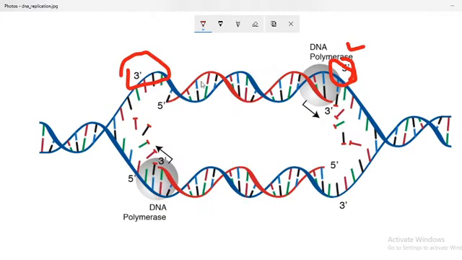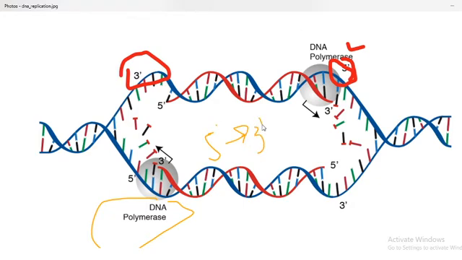DNA polymerase is also present here, and DNA replication is always in the 5' to 3' direction. How this process happens in prokaryotic and eukaryotic systems, these lectures will be uploaded very soon.